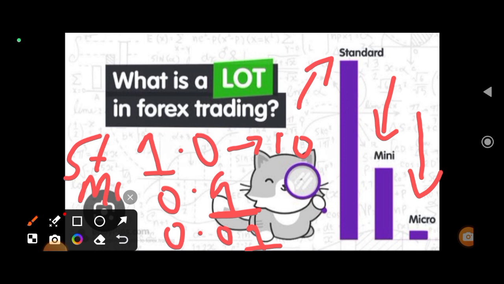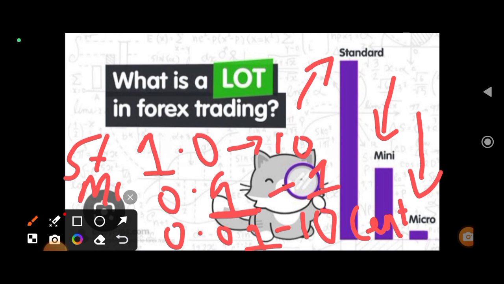Now for a 0.1, which is the mini, for every pip movement, it is going to move in $1. While the micro lot size, for every pip movement, is moving in 10 cents.